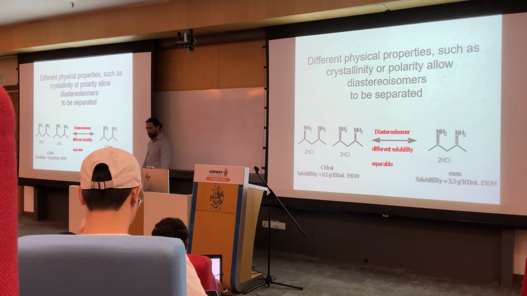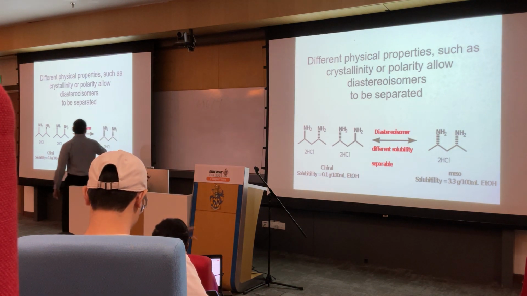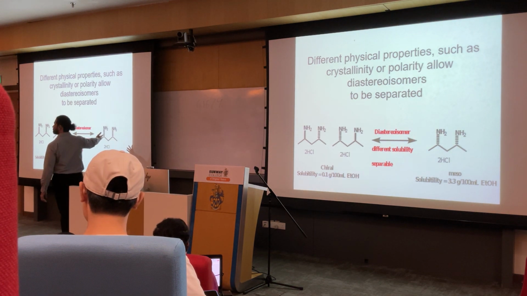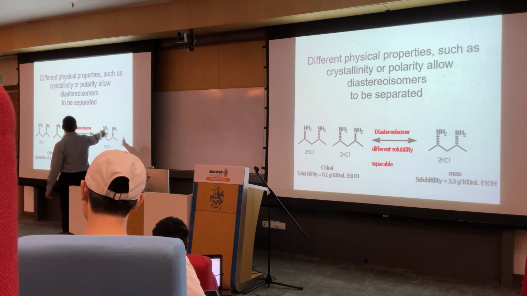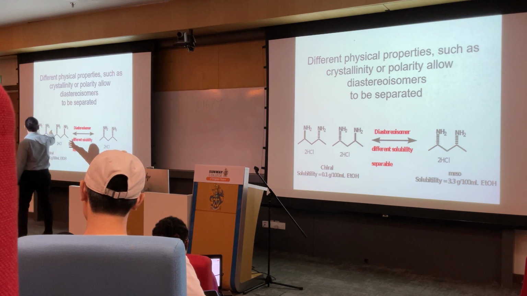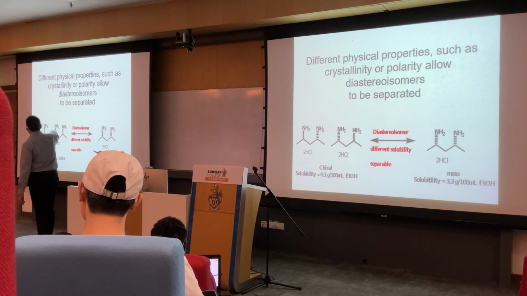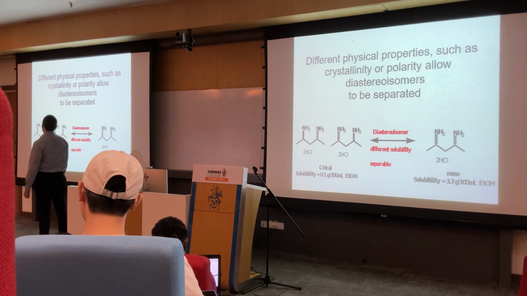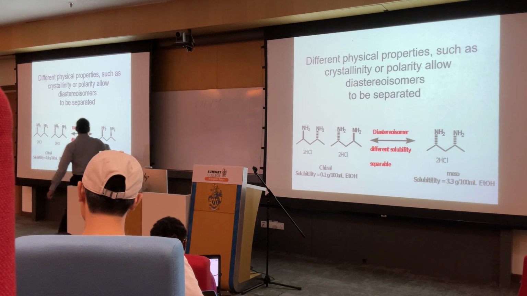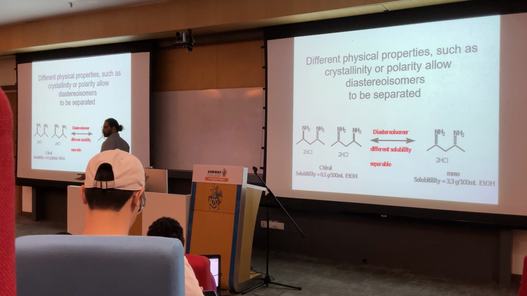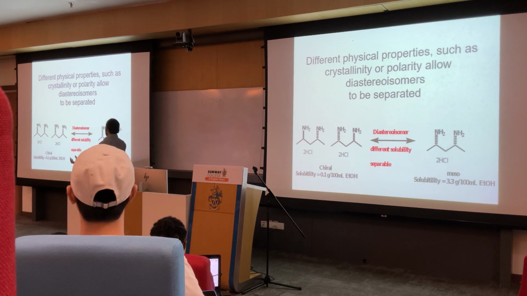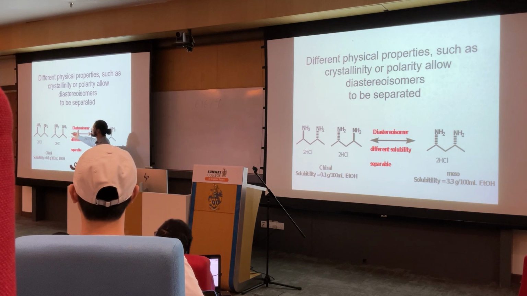Right, the final example is here. This is meso stereoisomer and this is chiral stereoisomer. The solubility for chiral one is 0.1 gram per 100 ml ethanol, while for meso is 3.3 grams. So you will add enough ethanol, this will readily dissolve, that will still remain in your solution, you can filter it out.